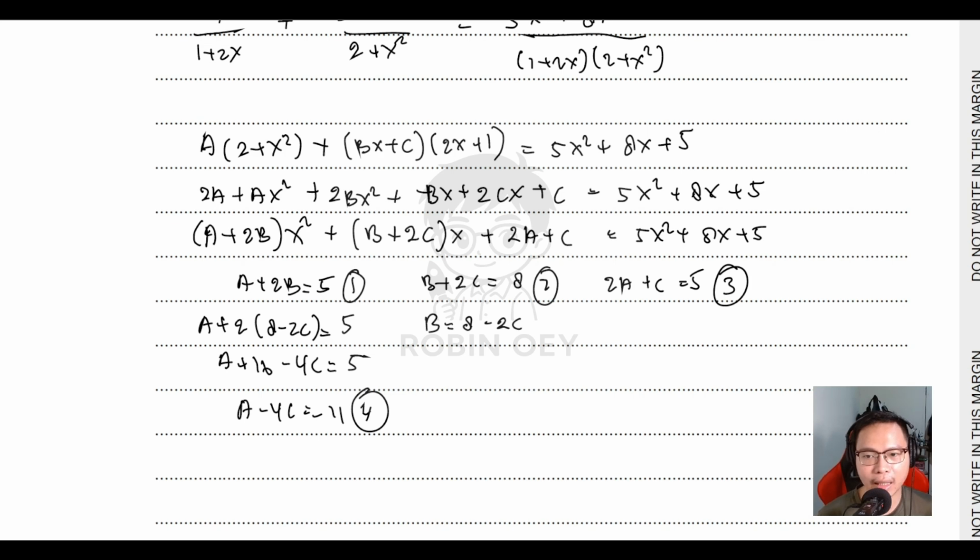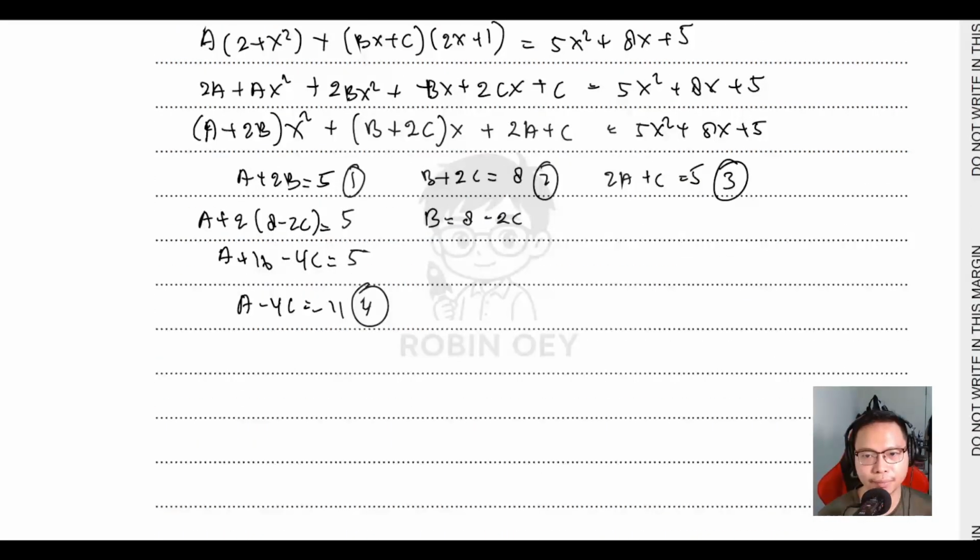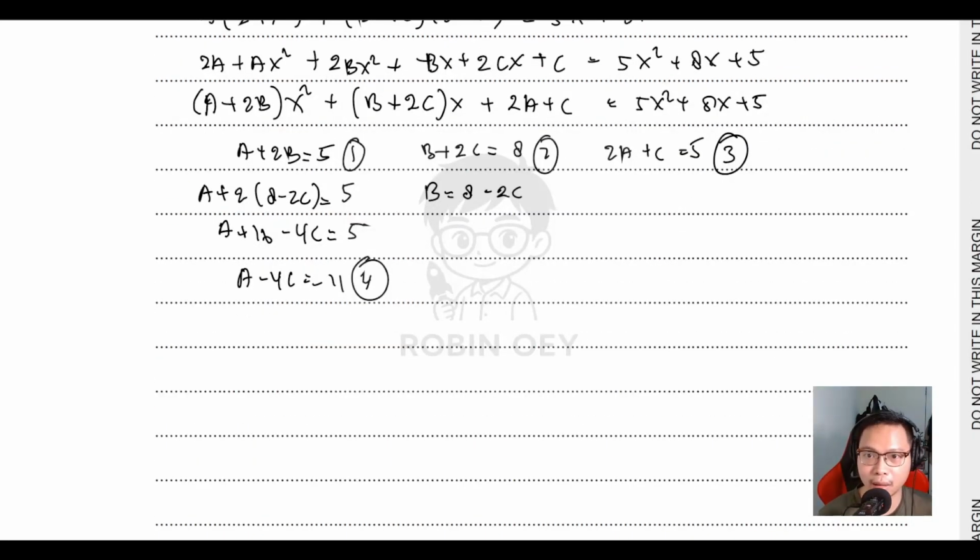Okay, so now I can eliminate 3 and 4, because both of them have a and c. So I'm using 2a plus c equals 5 and a minus 4c equals negative 11.